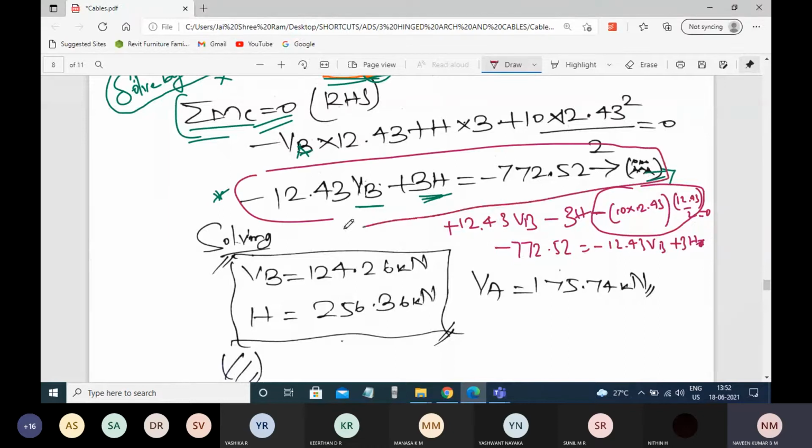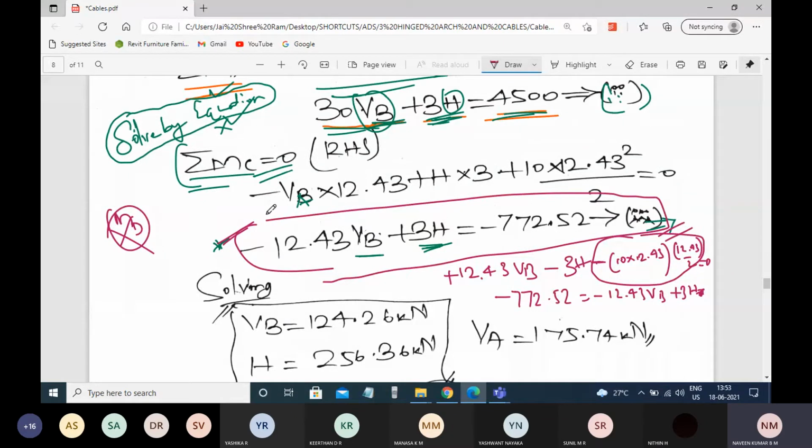Okay. So while finding, you should be very, very careful. So here I have mentioned the positive as clockwise, no issues. Ultimately, you will get the same equation. But whenever you are finding moment at a particular point, you should consider anti-clockwise as positive, clockwise as negative. So again, you'll get this equation.